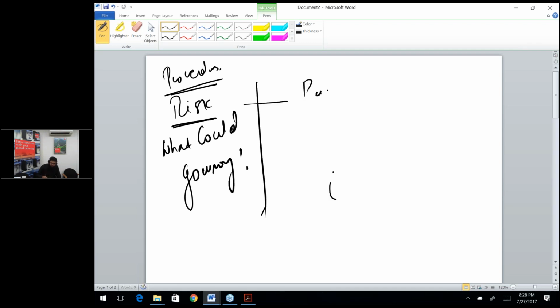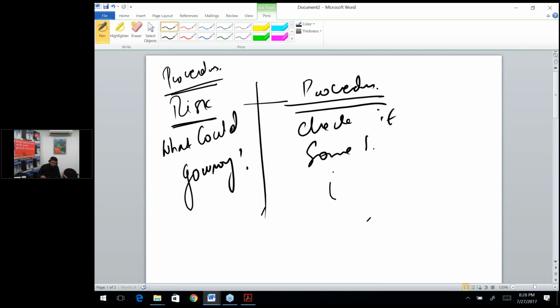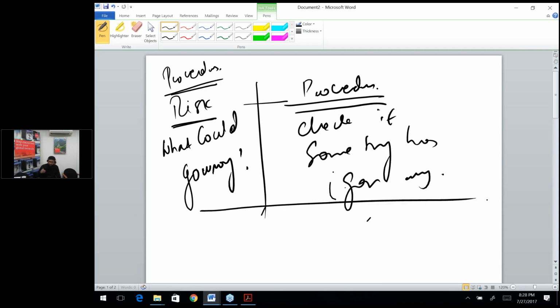And then our procedures are to check if something has gone wrong. So in this case, we need to perform the procedures on the going concern matters. We need to establish if the entity is not a going concern. So what are the things which would mean that the entity is no more a going concern?